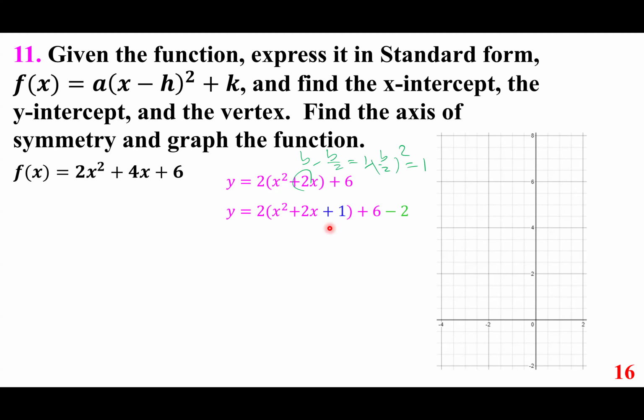So this is x plus 1 squared. So 2 times x plus 1 squared, plus positive 4. Therefore, the vertex is located at negative 1 comma 4.